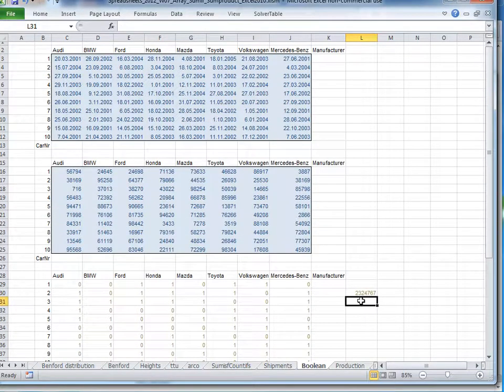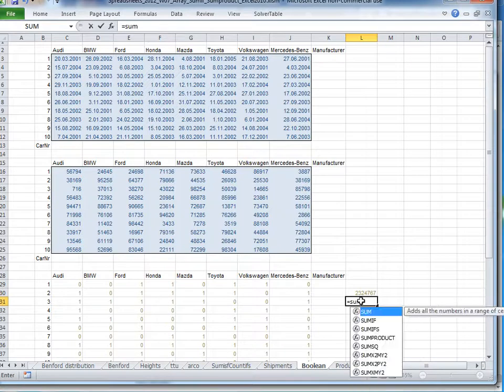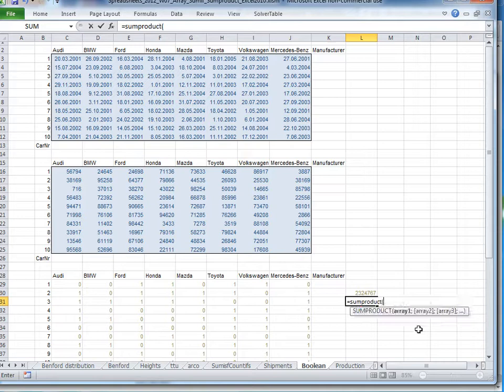We have to write it like this. Equals sumproduct, parentheses begin, and now let's take at first dates, the block of dates. We have to put a parenthesis around it, double parenthesis, just in case, so that it will certainly work.